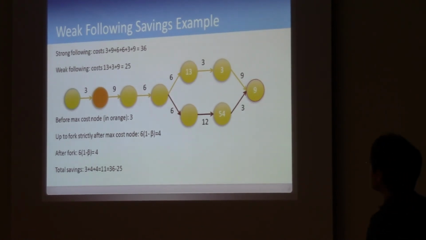I'm trying to figure out, oh yeah, right, because this is not the actual lowest cost path. The actual lowest cost node is right here. So you have 9. So here this is worth 13 and a half to you.